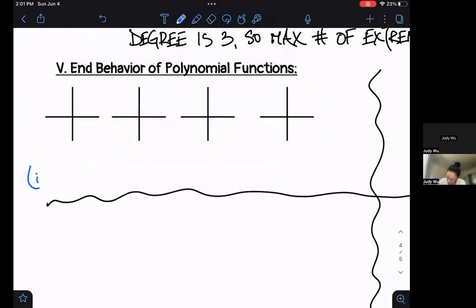So we know that a linear function has degree of 1, all right? And what I want us to think about is how many turning points it might have. So sort of tagging on with the last section where we talked about the maximum number of extrema. So we know degree is 1. 1 minus 1 means that there are no extrema for a linear function.